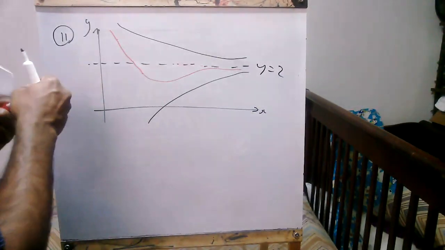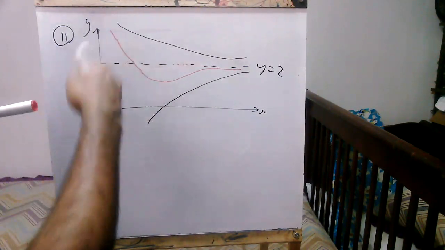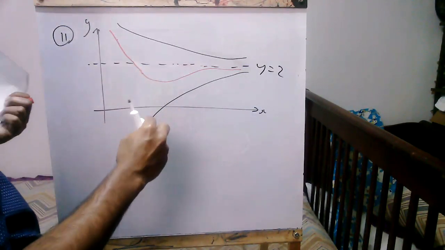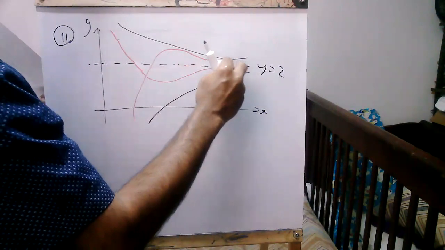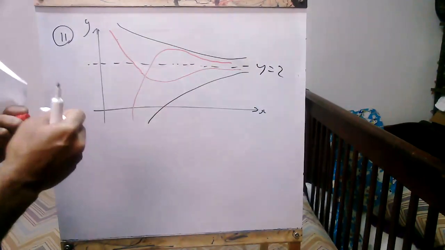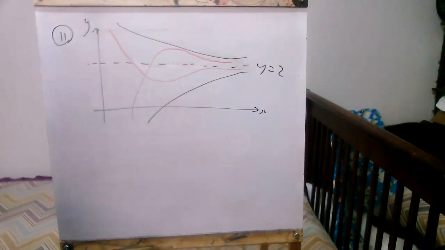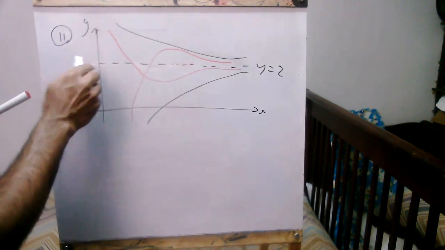It could go like this. Now it can come in this direction, cross this, and get closer and closer to this horizontal line, y equals 2.